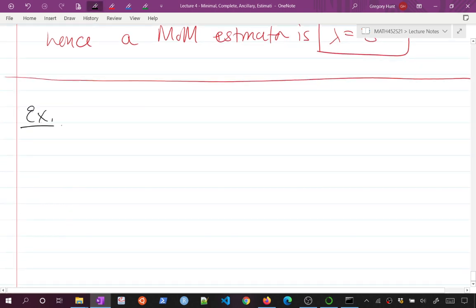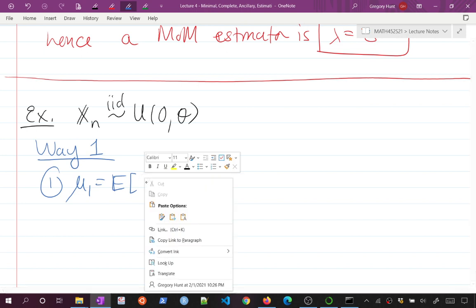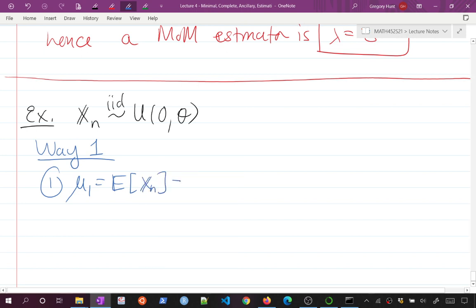So for example, here's another problem. I have some data, and my data is from a continuous uniform distribution between 0 and some unknown point theta. Here's one way I could do it. Step 1, mu1 is the expected value of my X_n's, which for a uniform with a maximum of theta would be theta over 2.